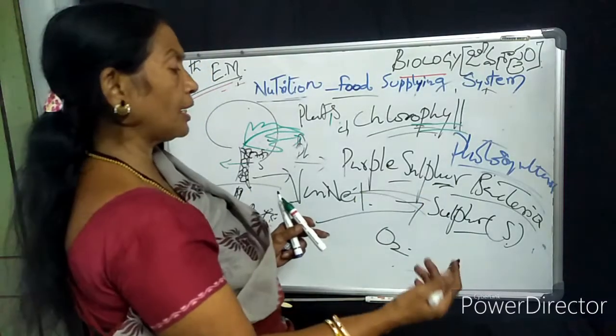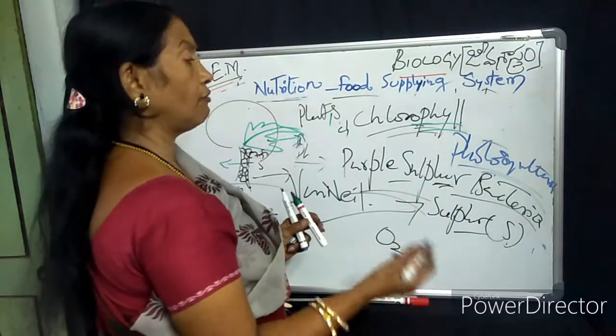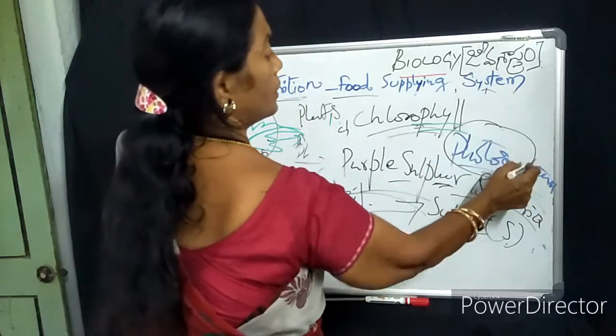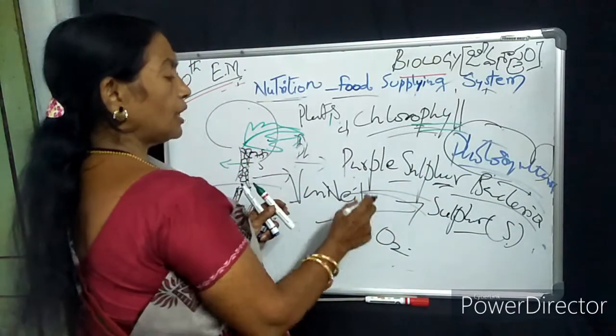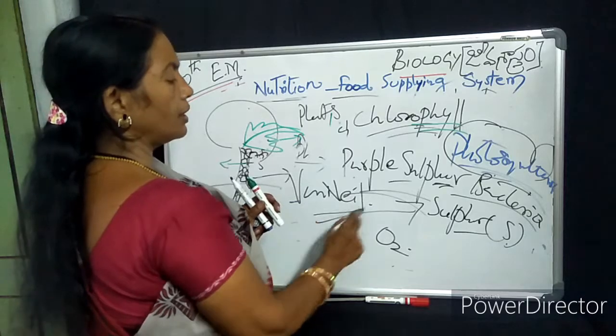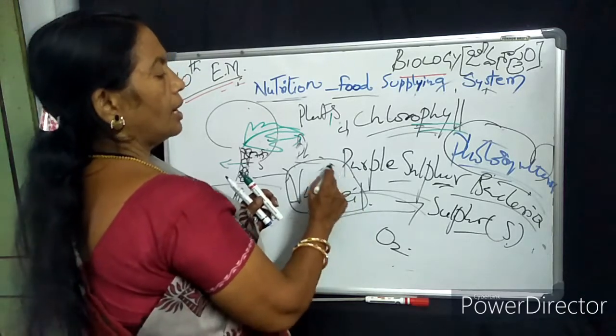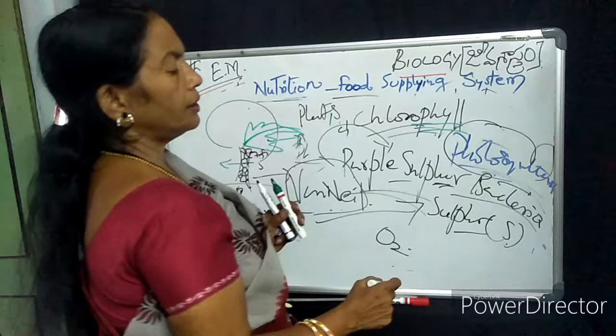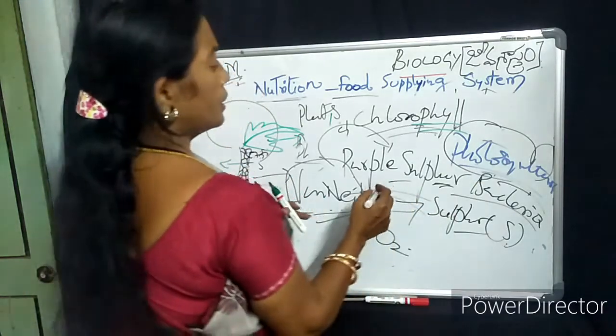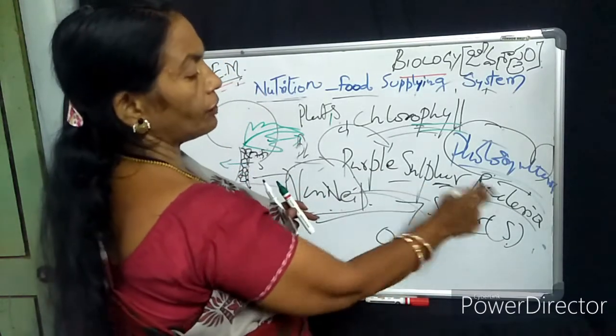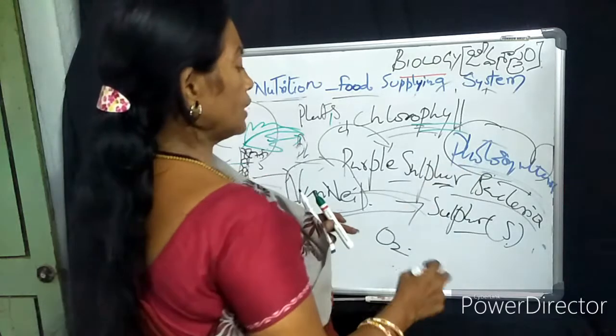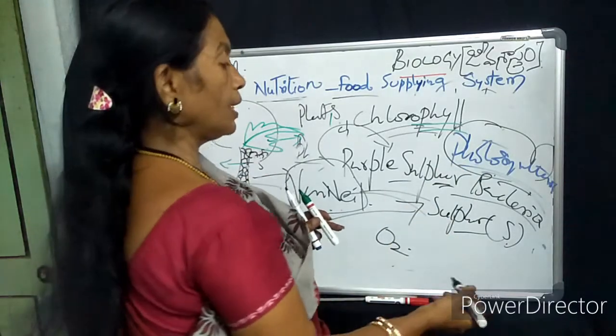So when the sulfur bacteria undergoes photosynthesis, who gave this explanation? Van Neal gave an explanation that when the purple sulfur bacteria undergoes photosynthesis, the sulfur will be evolved.